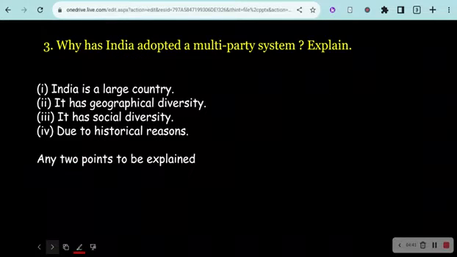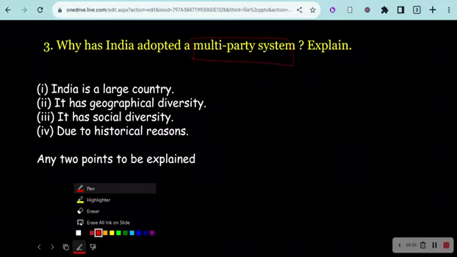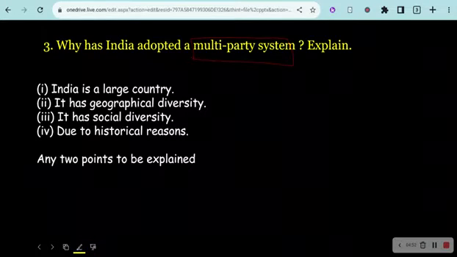Next: Why has India adopted a multi-party system? Multi-party means more than a single party is present in India. Why is it so? First of all, India is a very large country. It has geographical diversity, with people from many different places.